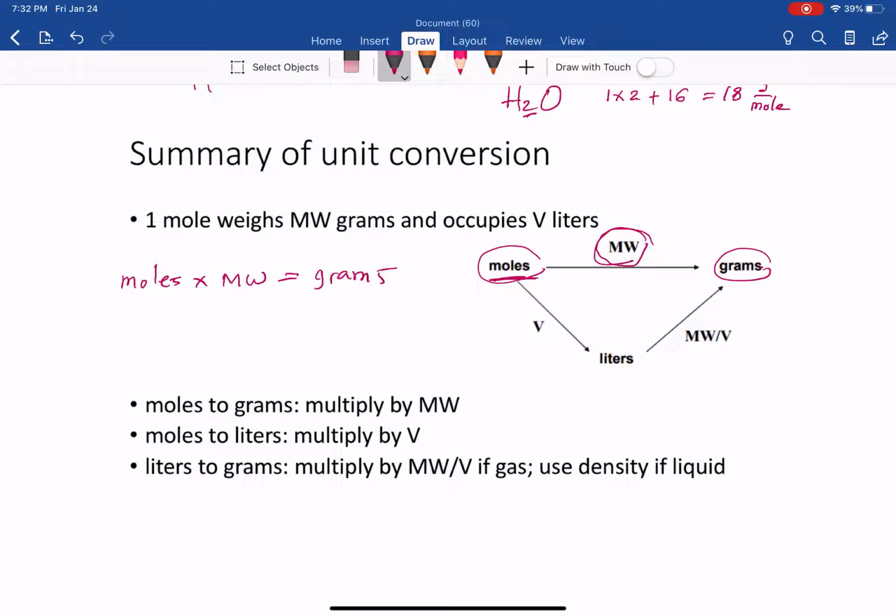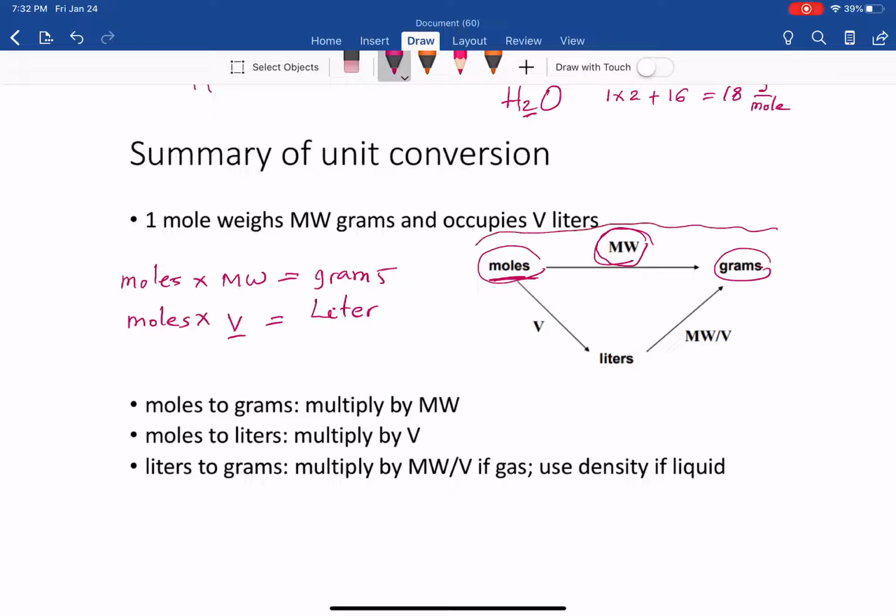Also, if you have moles, remember, moles times volume gives liters. So if you want to change the moles to liters, you have to multiply by the volume.